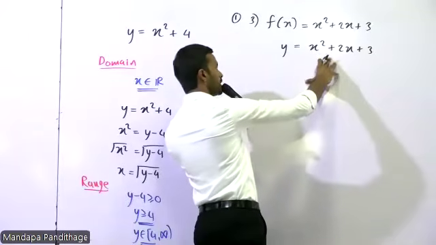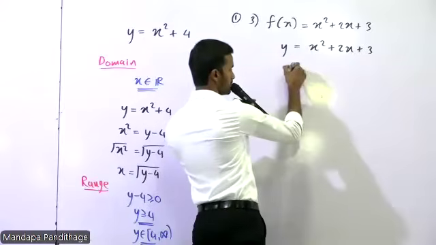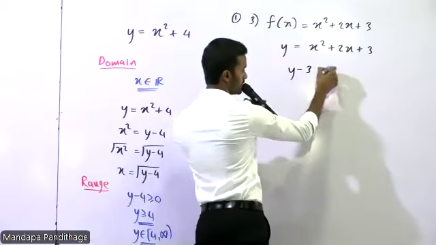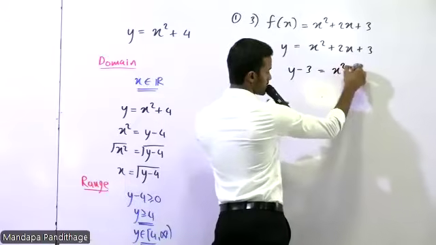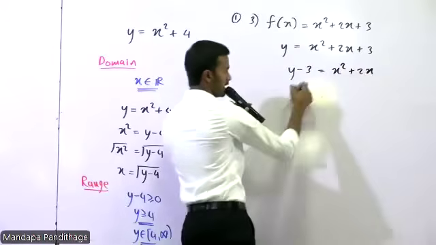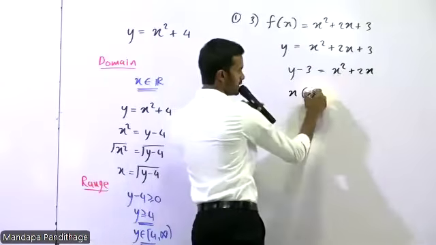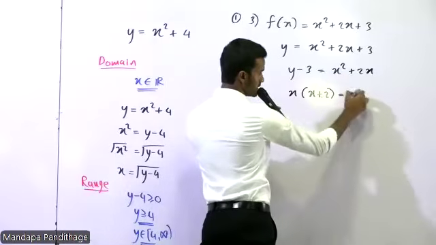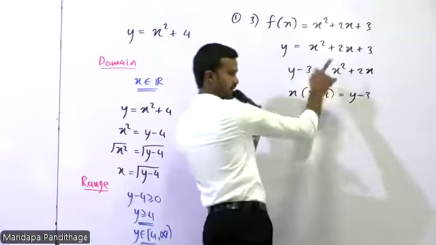But I have seen some have done it this way: they take 3 to the other side and then we get x squared plus 2x. If you take out x from here, you get x into x plus 2 is equal to y minus 3. I have just switched the sides.